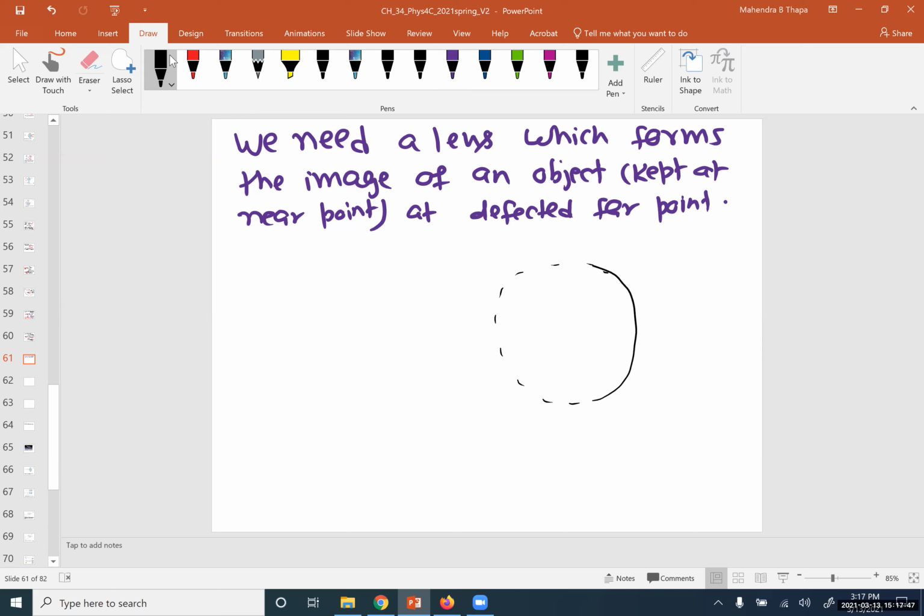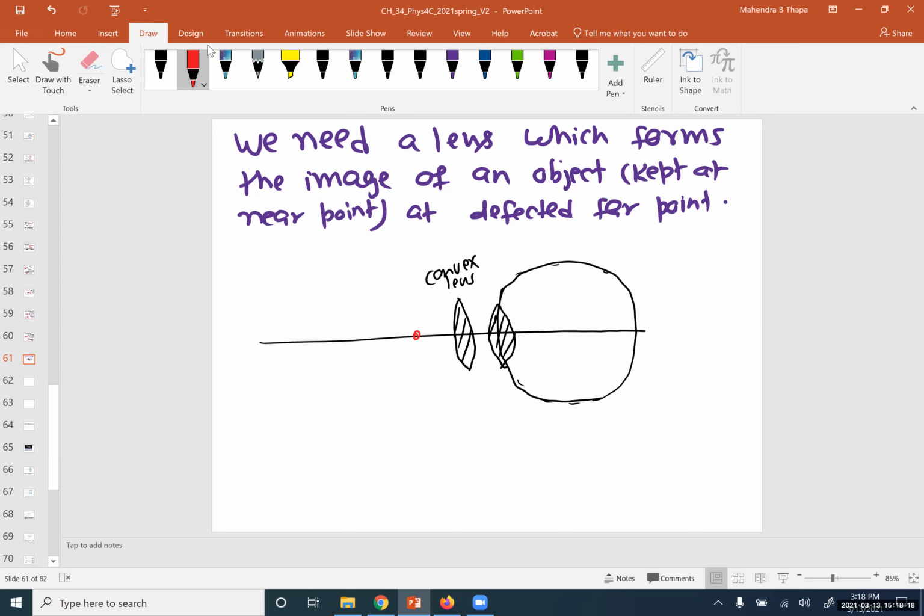So this is my eye lens. In this scenario, I have to use the convex lens, so that what will happen if I put my object at the near point. This is the near point.